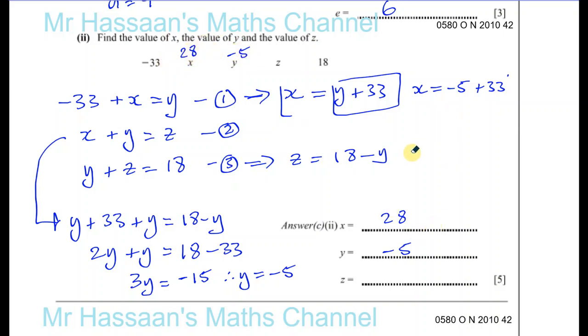And I know that z is 18 minus y, and y is minus 5, so 18 minus minus 5, which is 18 plus 5, which is 23. So z is 23, and let's see if it works. Minus 5 plus 23 is 18. Yes, it works. So we can see that we've got this answer correct.